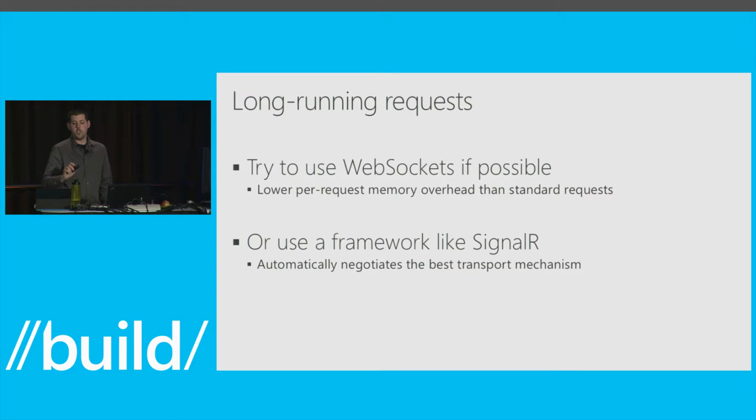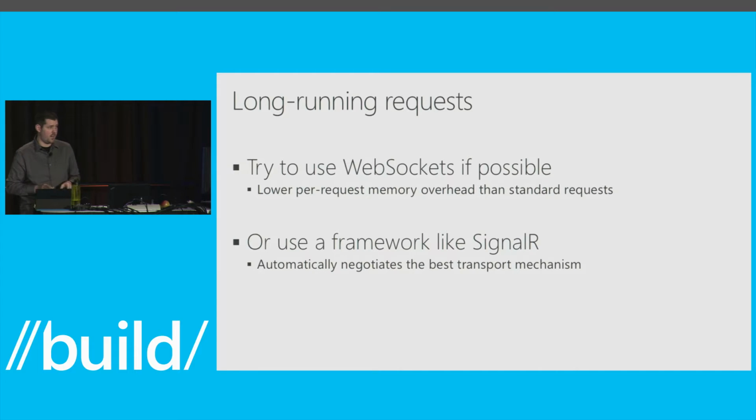Now, once you start scaling this up to 50,000 concurrent connections, multiply that by 30 kilobytes of RAM, and all of a sudden, we're talking about hundreds of megabytes, gigabytes of RAM just in overhead for holding on to all of these connections. Now, we see that this happens for applications that do long-running requests. So this would be long polling or server-sent events, streaming.